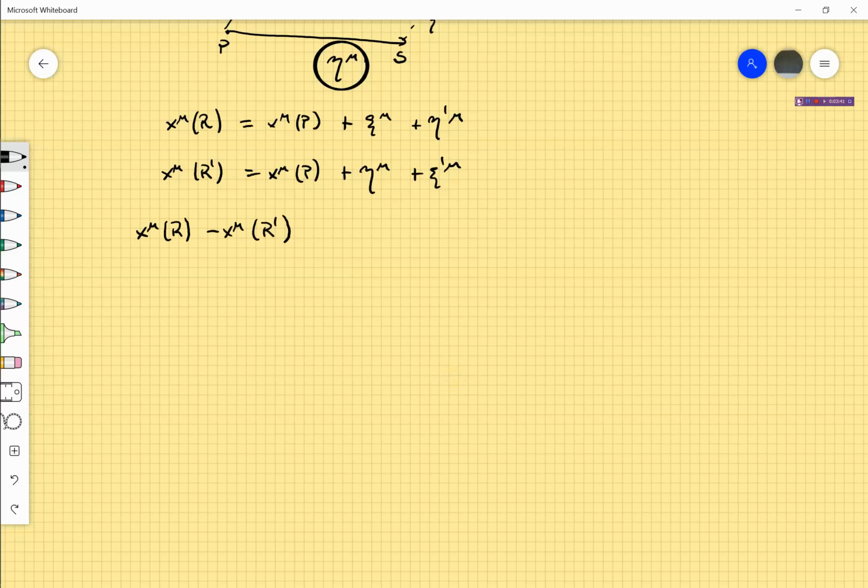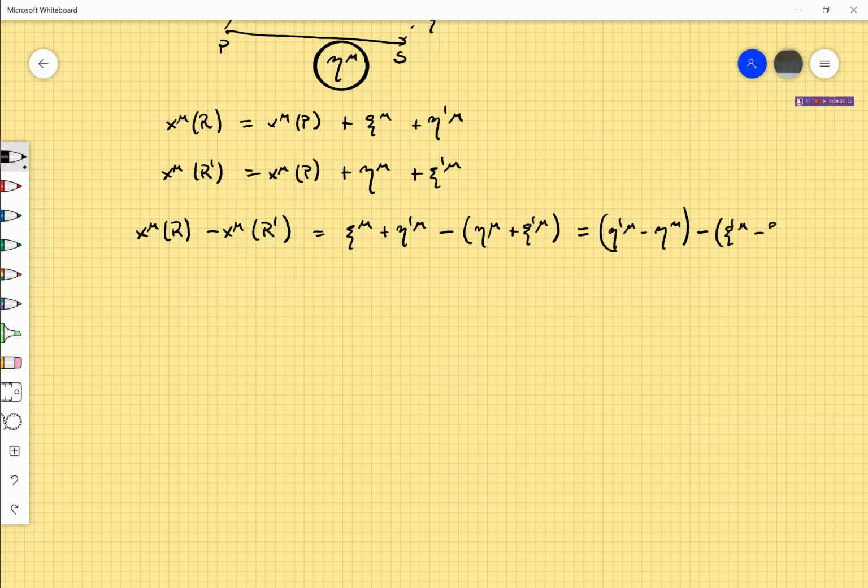Clearly the coordinates of P drop from this calculation, and we have psi mu plus eta prime mu minus eta mu plus psi prime mu, which we can reorder as eta prime mu minus eta mu minus psi prime mu minus psi mu.